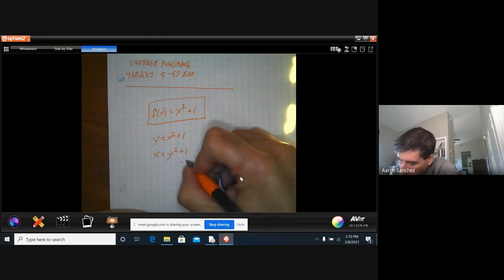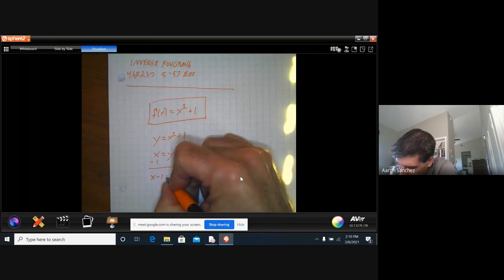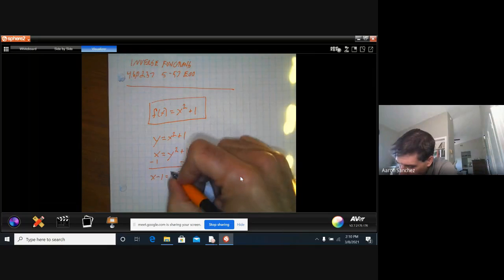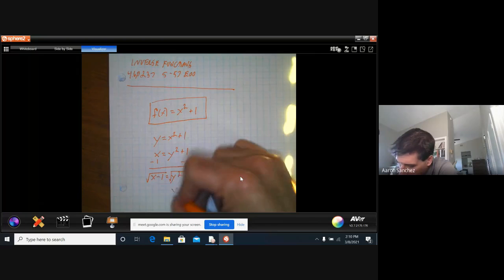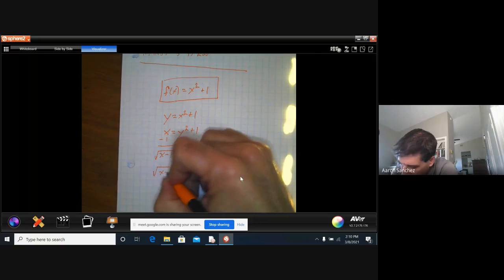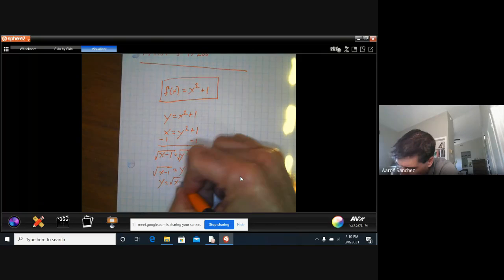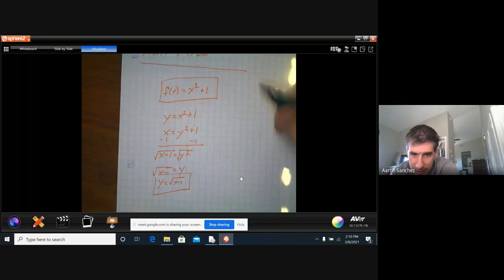So we take away 1, take away 1. x minus 1 equals y squared. And to get y squared by itself, we take the square root. And this ends up being y equals the square root of x minus 1. But the proper way to write it would be like this.